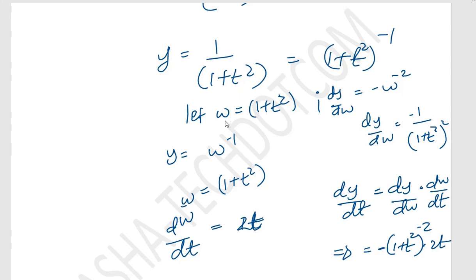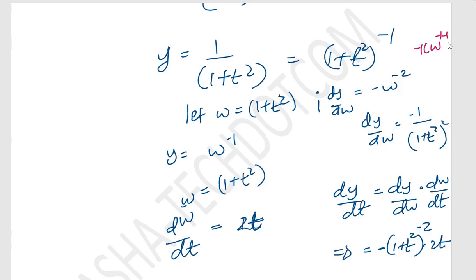If we let w equal 1 plus t squared, let us find dy/dw. dy/dw would give you negative w to the power negative 2. This is the same as multiplying the original power by that variable, then you write the variable to the original power minus 1.